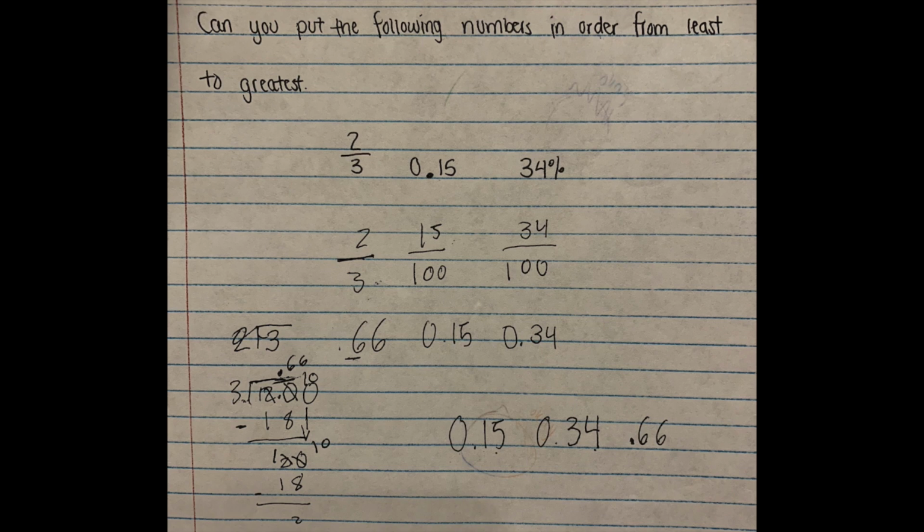It becomes a 6 again, right? Left over with 2. So what do you think this decimal, or the fraction 2 divided by 3, what do you think that decimal would actually be?